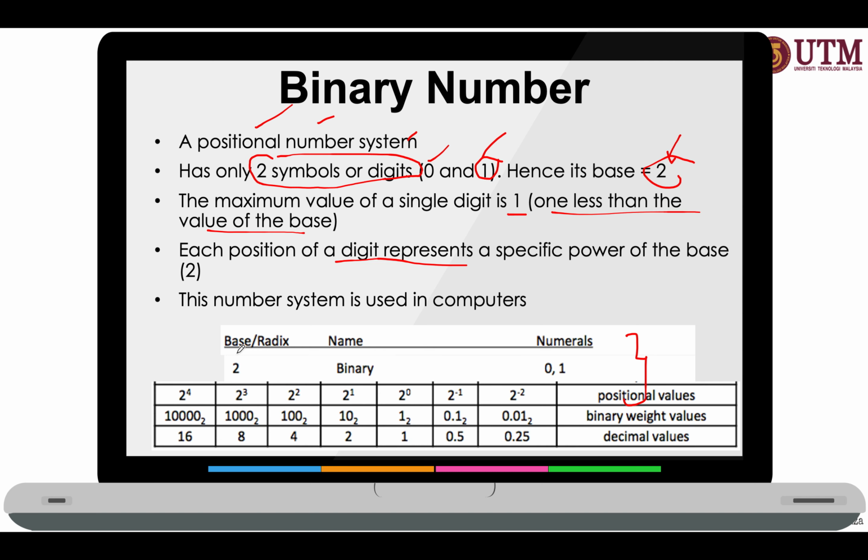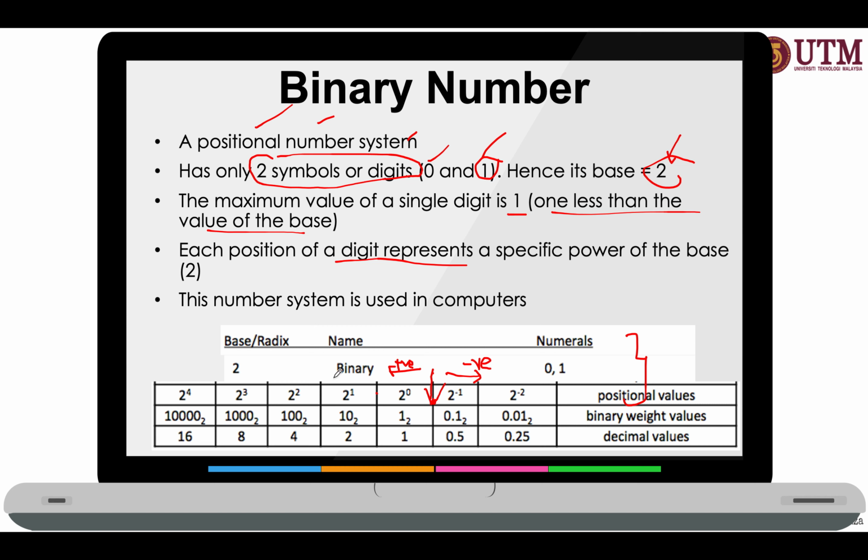And how it basically looks like is, you have this one in the middle, and the point starts from here, going to the right and to the left. Left is the positive side. This one is the negative side, and you have all negative powers.